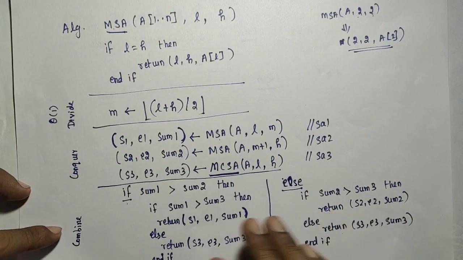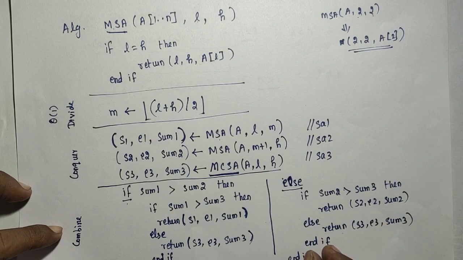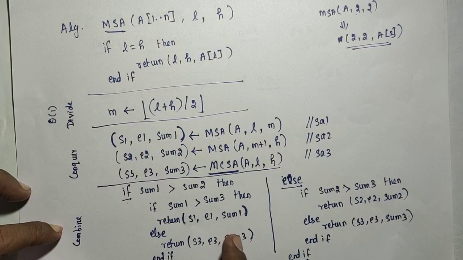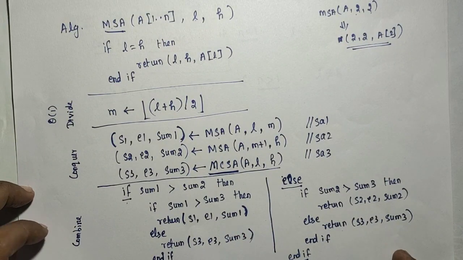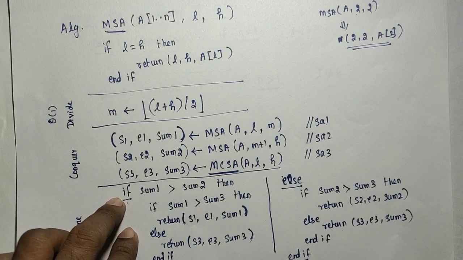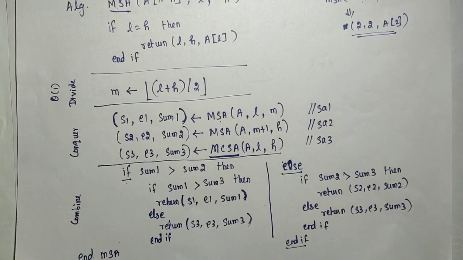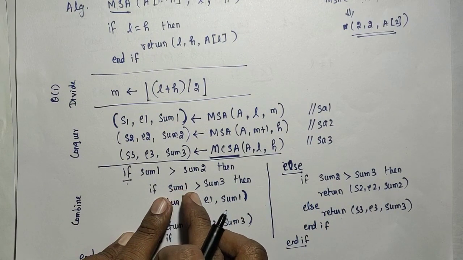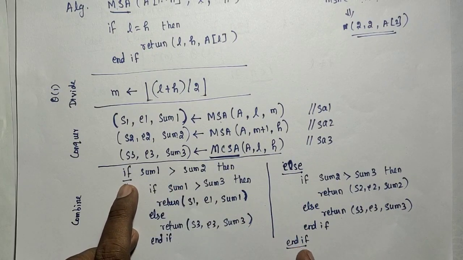And then the complexity for combine: I need to compare the sums and return the maximum one. This code from here to here, end if to if, is a lengthy statement, sir. Even if it is a lengthy statement, the procedure is nothing but finding the maximum among three numbers. So how many comparisons will happen here, from the if to the end if?